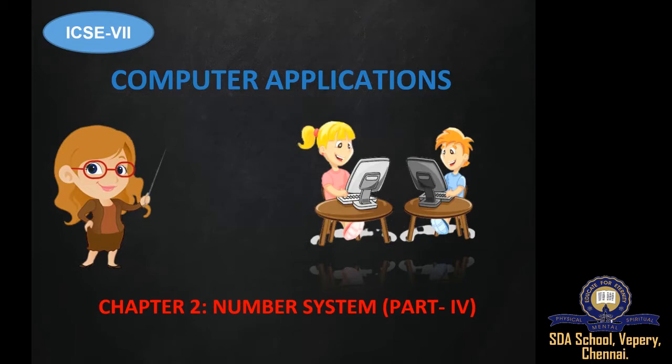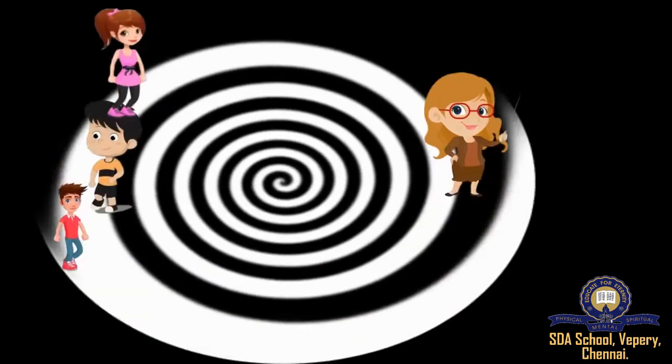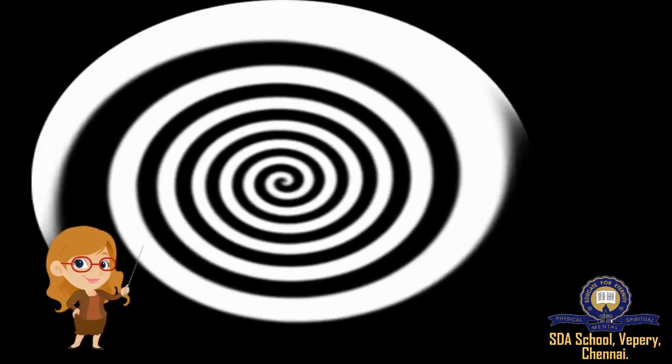Today we are going to learn the procedure for conversion of octal to decimal number system and what is hexadecimal number system. Before going into our session, we are going to have some recapitulation of the previous session.